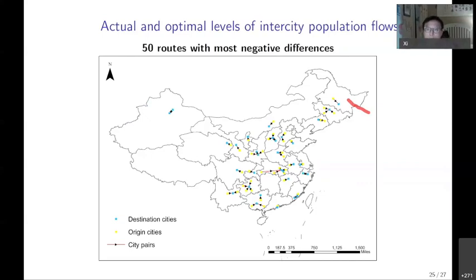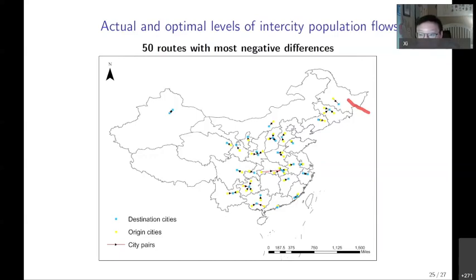So the difference between these two shows us which set of cities need to strengthen the travel regulation, and some specific cities may have some room to loosen their restrictions on travel. So this map shows the cities with negative difference. That means the optimal travel restrictions are smaller than what they already actually did in restricting travel.